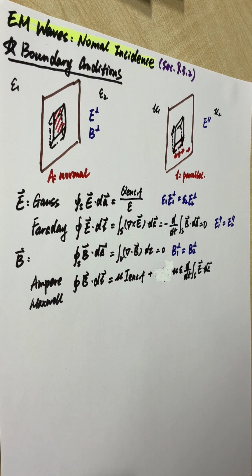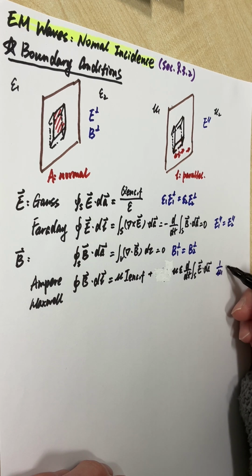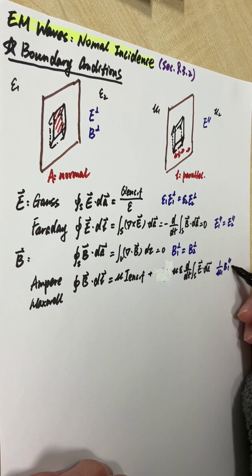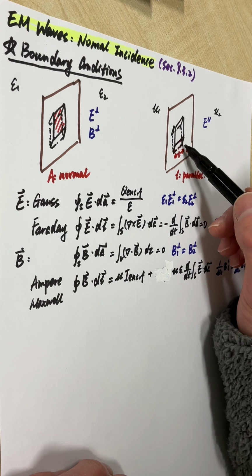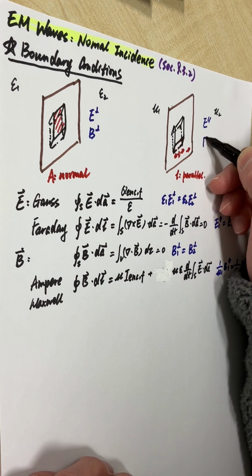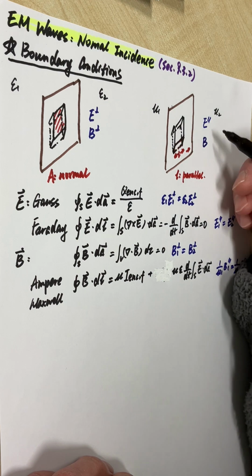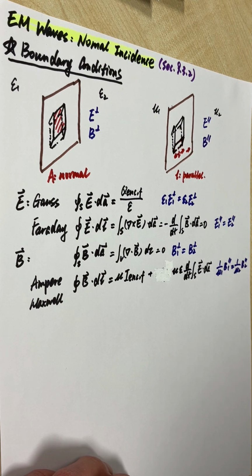So here we have 1 divided by mu1 B1 parallel component equal to 1 divided by mu2 B2 parallel component. So by investigating this closed path integral, we studied what happens to the parallel component of B field.